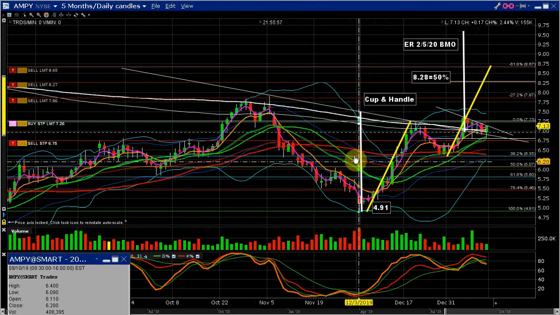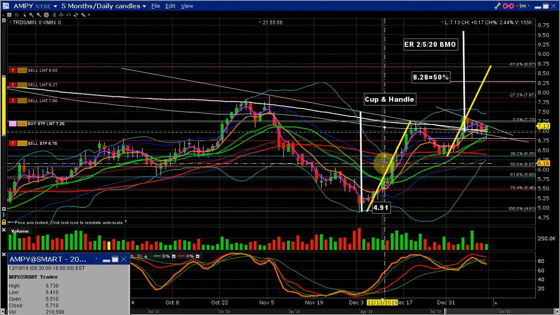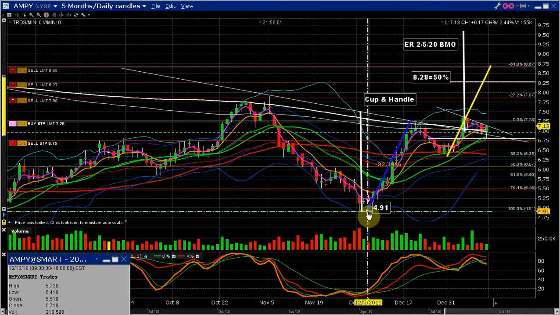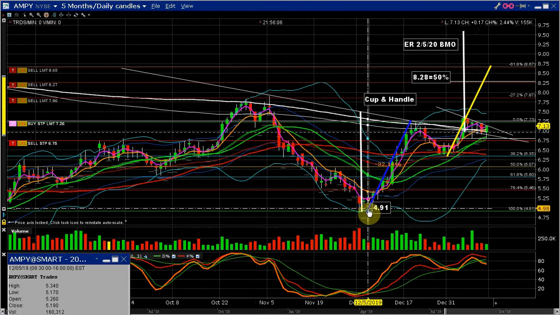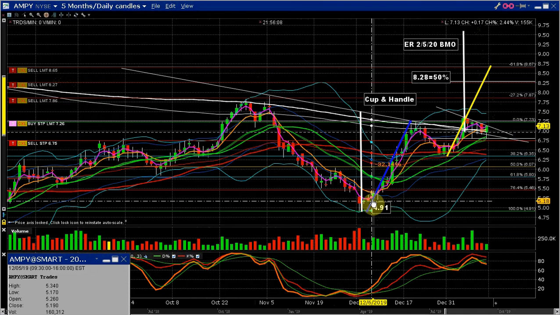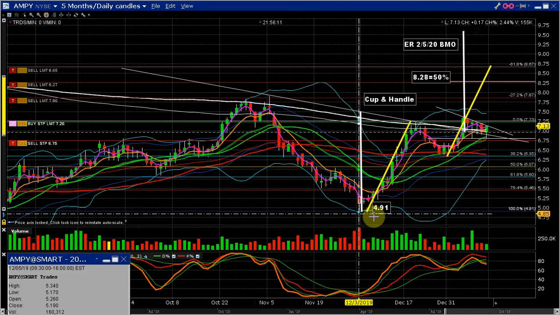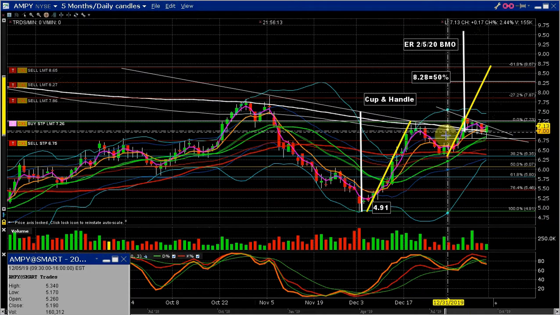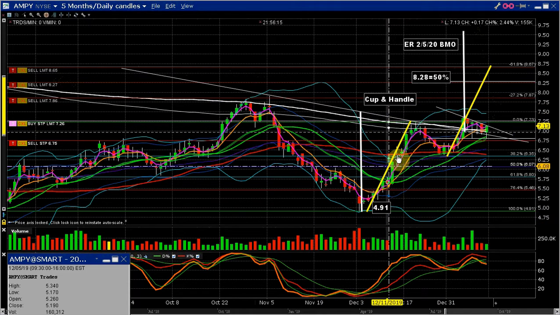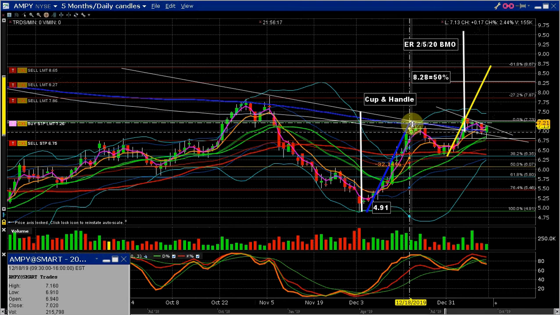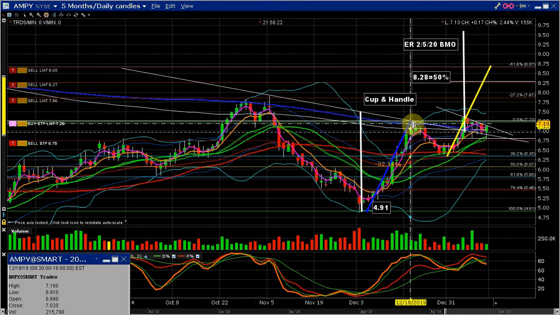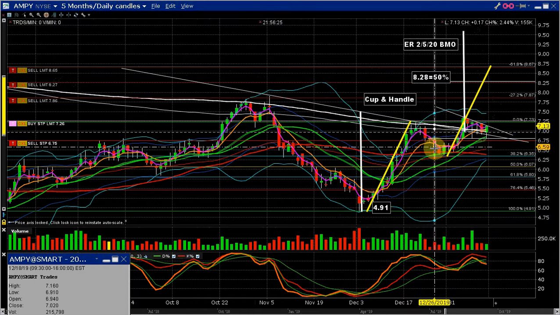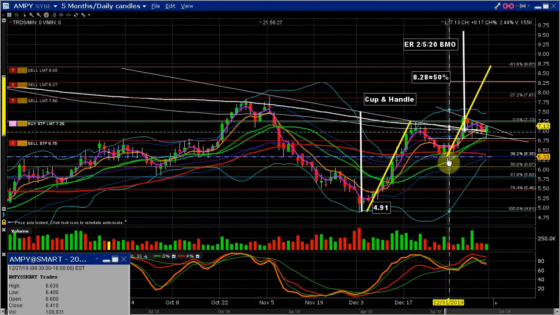Another pattern is called an ABCD pattern, where you have, see the yellow line, this thick yellow line. Okay, so we're going to look at that now. You go from a swing low to a swing high. This is called a swing low, and this is called a swing high. So you draw your line, and this is point A, this is point B, and then you have a retracement, and this down here would be the bottom of your retracement or another swing low.